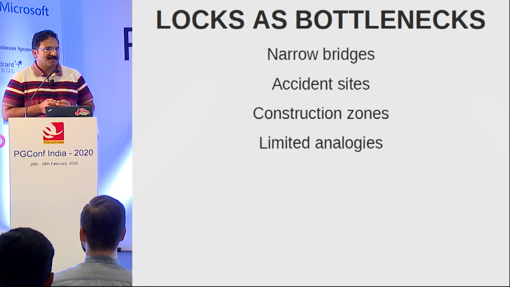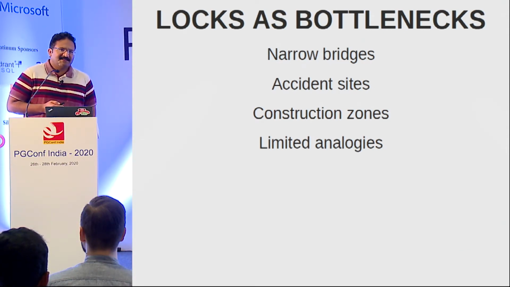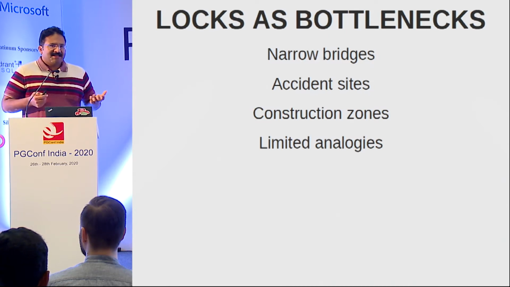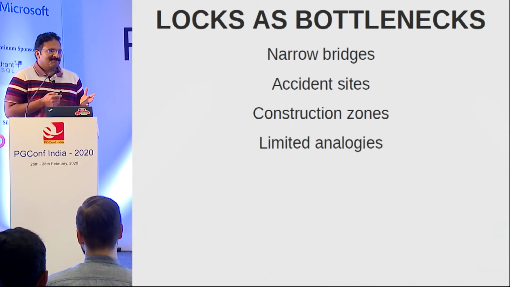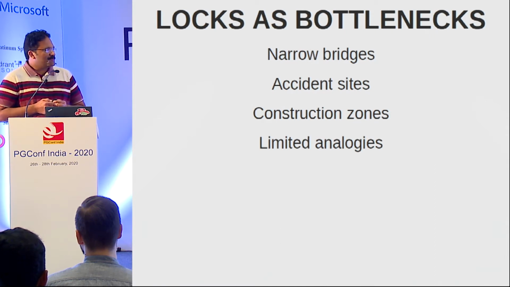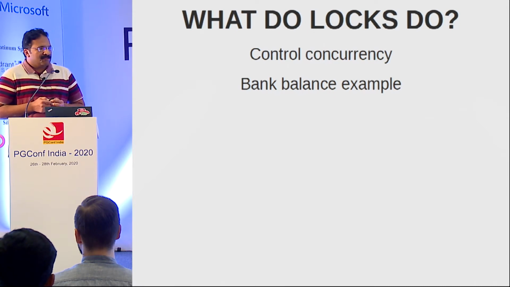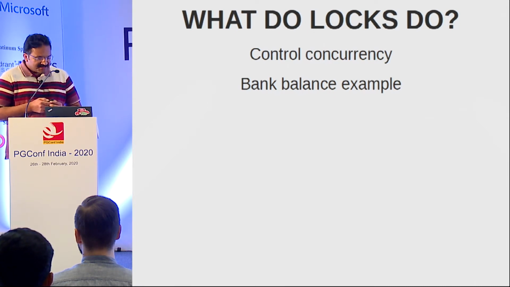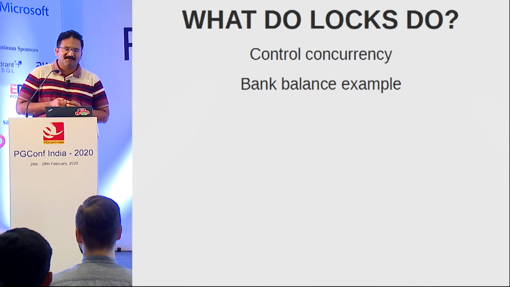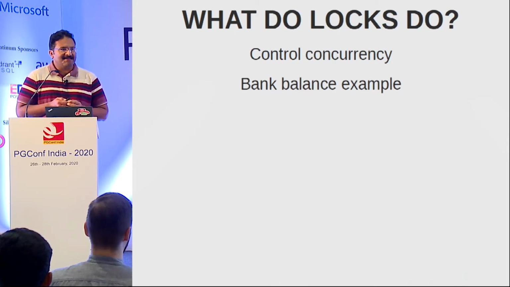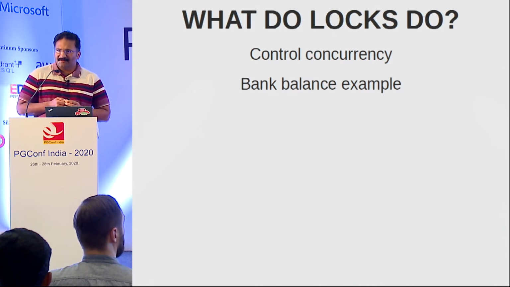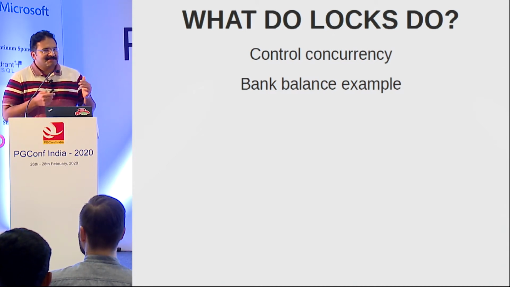I won't speak anymore in terms of these physical analogs to locks, because they aren't helpful. You can draw similarities, but if you want to think about locking in Postgres, you just have to look at what they do. There's a classic example in every textbook of a table that stores your bank balance, and multiple processes trying to decrement and increment the stored balance at the same time.